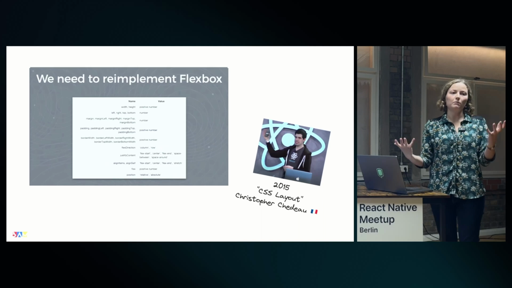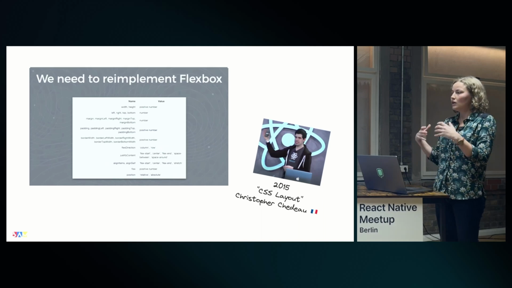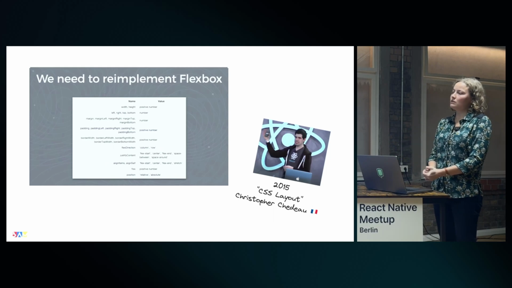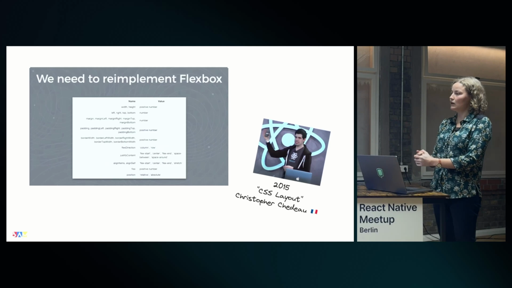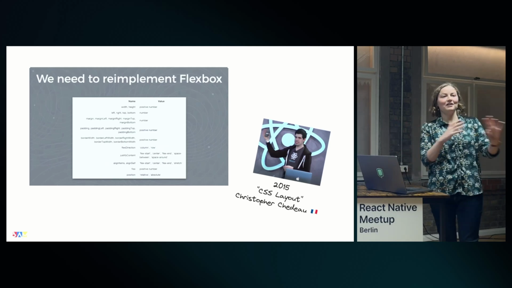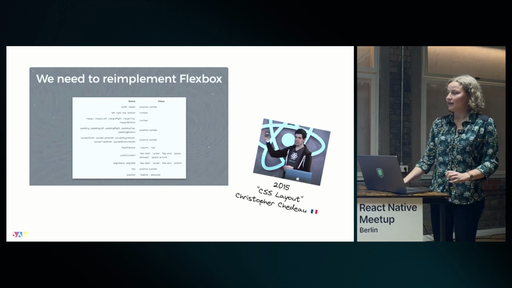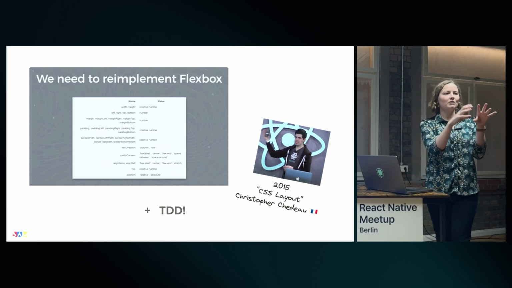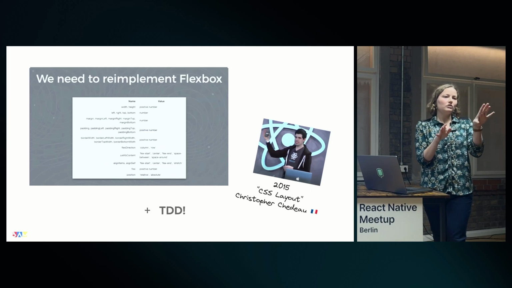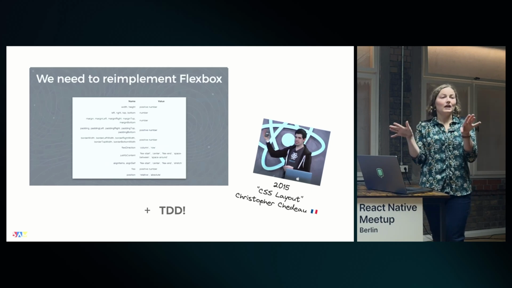Flexbox was the most famous thing in CSS, really easy to use, really straightforward. So they said, okay, we want to use it. Let's implement the algorithm in React Native for us. They did that in 2 weeks. They recreated the entire Flexbox algorithm in test-driven development that generated random nodes, random trees of nodes, and compared the result of width and height of their algorithm with the result of a classic browser.